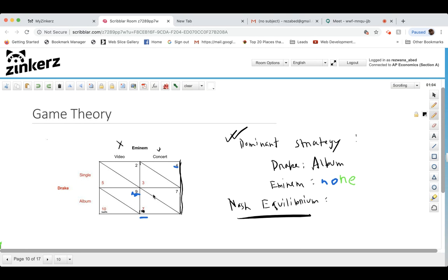A Nash equilibrium essentially is something where you are choosing the best thing for yourself, depending on what the opponent is doing. So choosing the best action, but depending on what your competitor is doing.